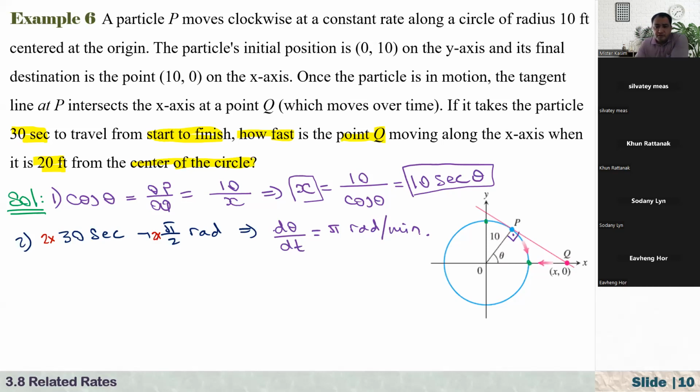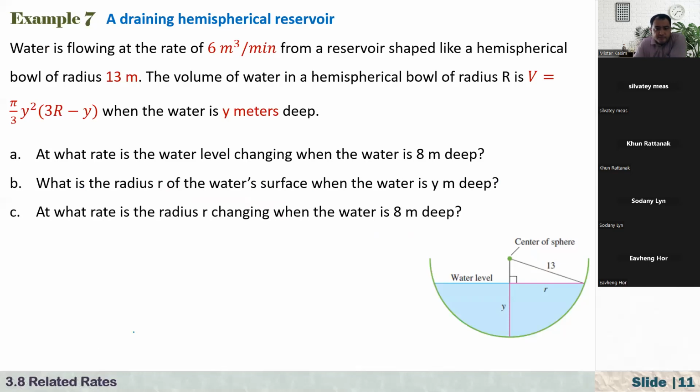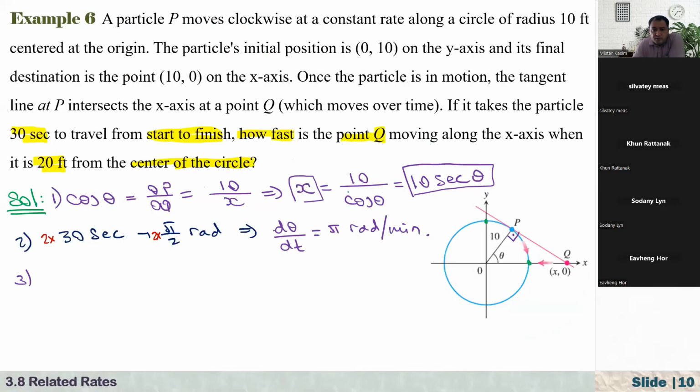All right. Now the third thing is, we are going to differentiate our equation, x equals 10 times secant of theta. If you differentiate both sides with respect to t, on the left-hand side we have dx/dt.